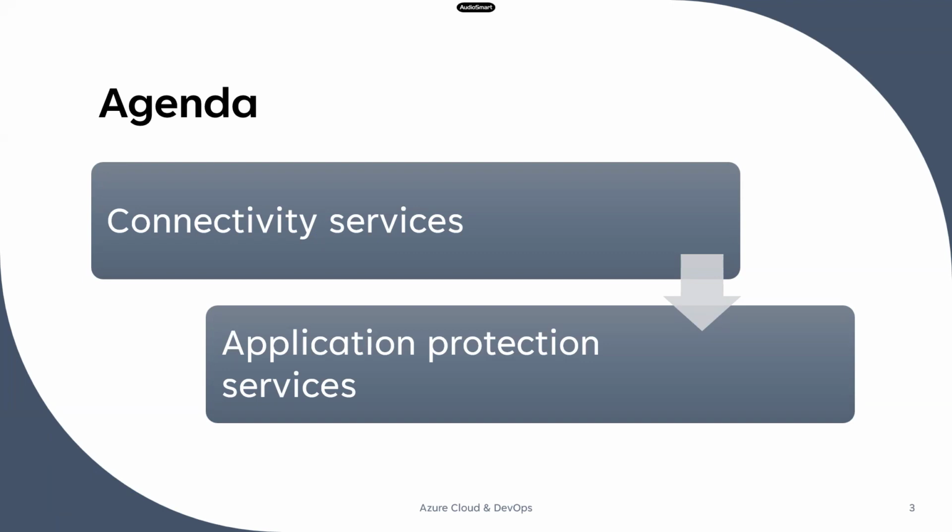When it comes to application protection services, as the name suggests, they are for protecting the applications. It's up to us whether we go with a single service or a combination of services in Azure.